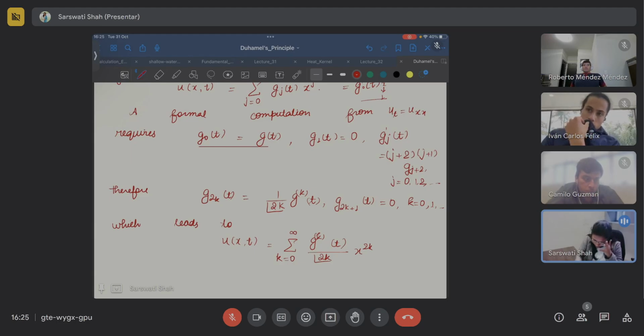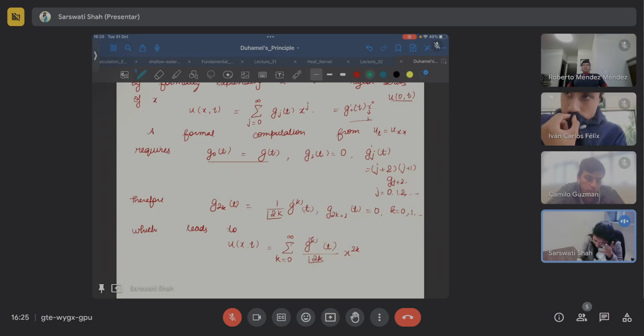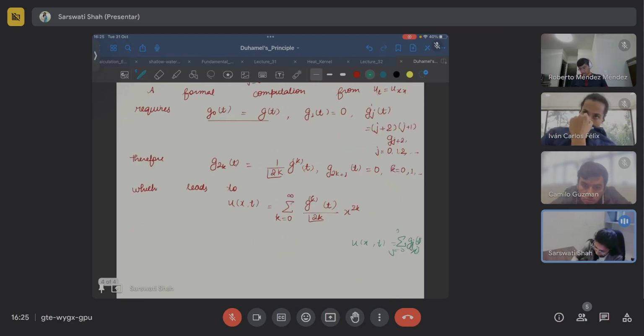Because the solution was written like this: u(x, t) equals the summation j varying from 0 to infinity of g_j(t) x to the power j, and we have replaced j with 2k, so g_{2k}(t) x to the power 2k.